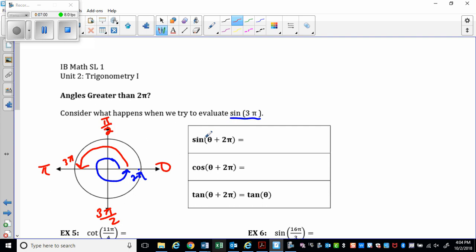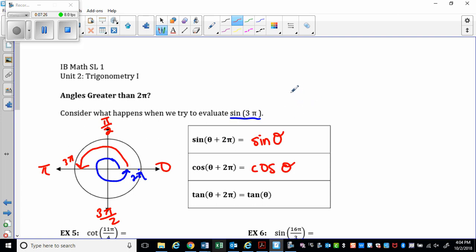Okay. So sine of theta plus 2 pi is going to be whatever sine of theta is. So theta could be in degrees or radians. Cosine of theta plus 2 pi is whatever cosine of theta is. So what we can do is subtract 2 pi. That's essentially what we're doing.